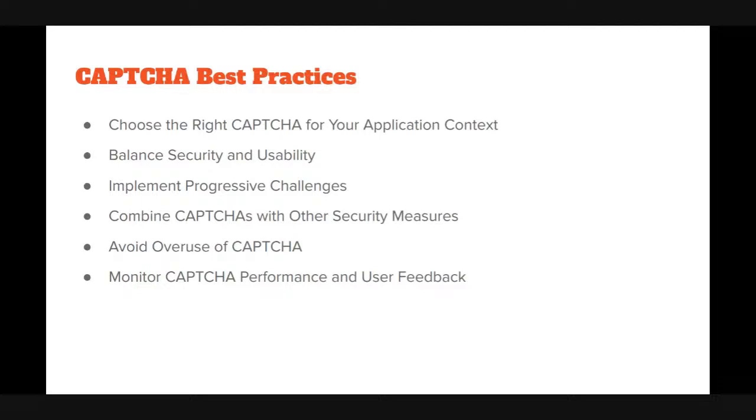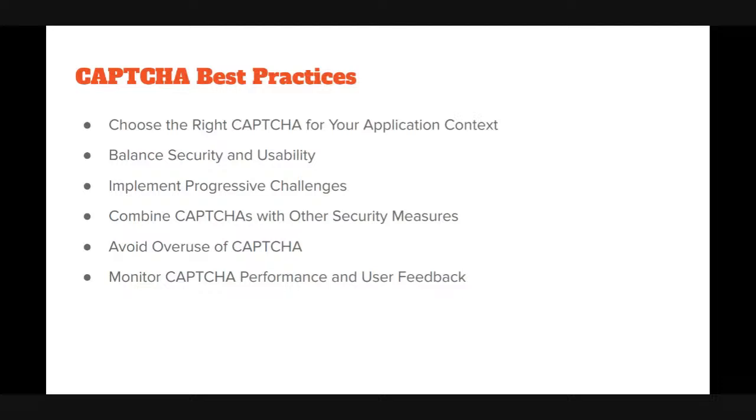We need to match the captcha type with the security needs of our app. For example, a high security application might benefit from behavior captcha or reCAPTCHA v3, which assess bot likelihood without disrupting user experience. But for simpler applications, a basic checkbox captcha might be sufficient.